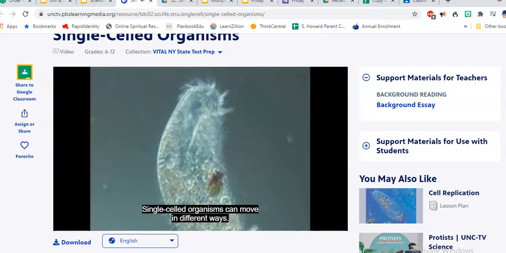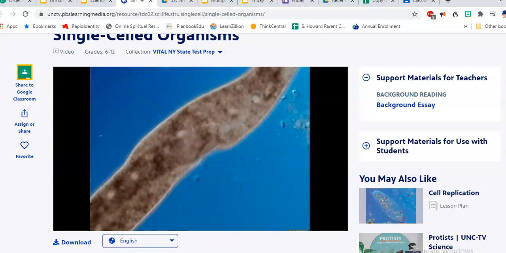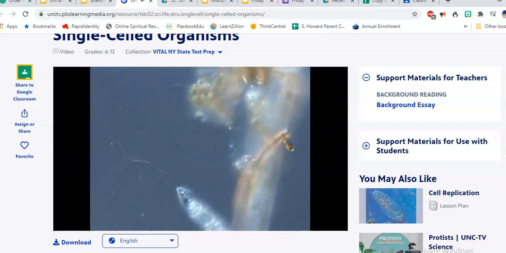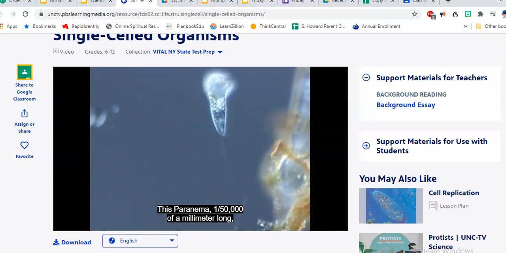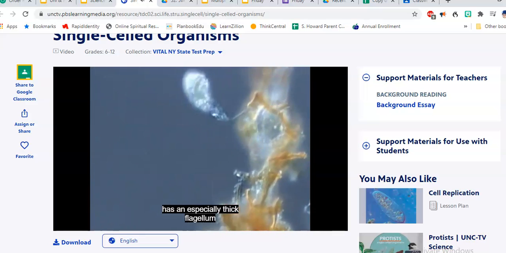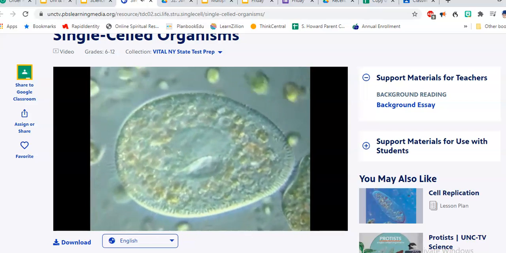Single-celled organisms can move in different ways. This paranema, 1/50,000th of a millimeter long, has an especially thick flagellum that pushes it forward.